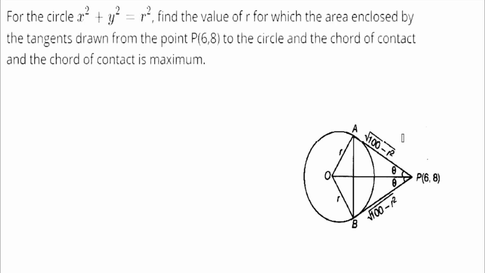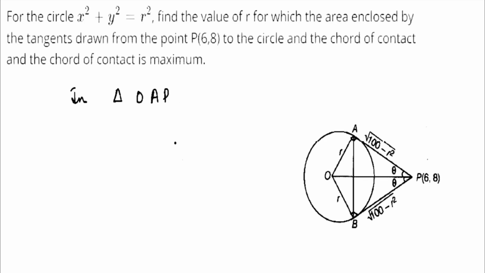Now proceeding forward, what would be the value of OP? If I am applying Pythagoras theorem in triangle OAP, this angle is 90 degrees and this angle is also 90 degrees.